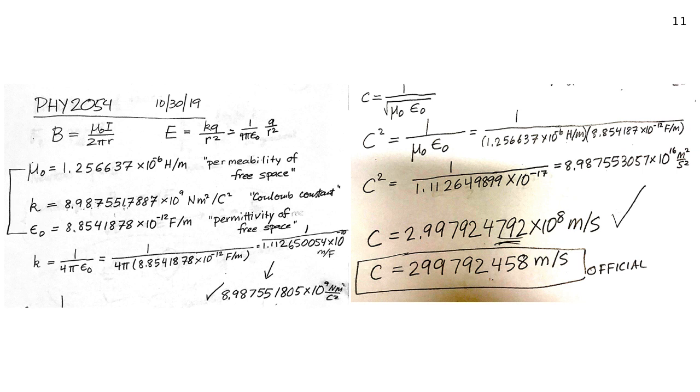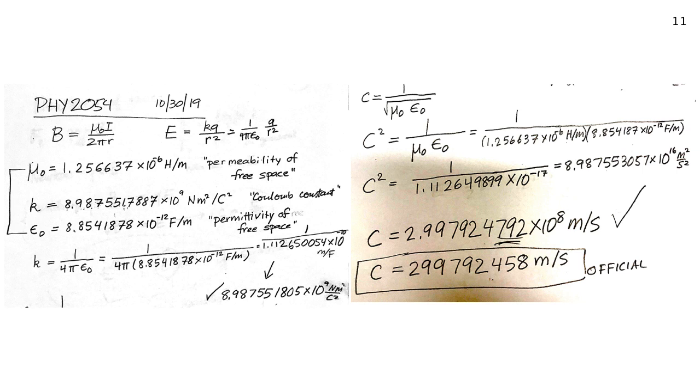Let's just do 1 over 4 pi times epsilon naught, 8.85418 78 times 10 to the minus 12 farads per meter. All right, and we better come out to 9 times 10 to the 9.